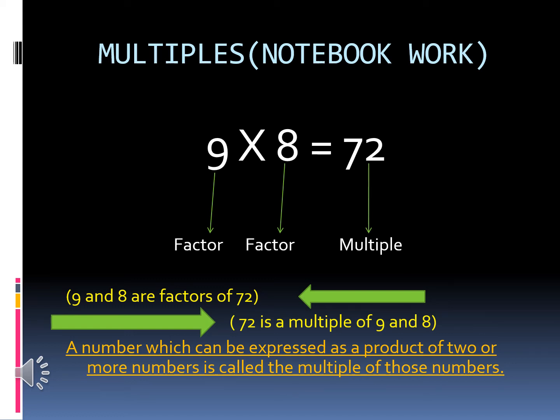So 9 and 8 are related to 72. How is 72 related to 9 and 8? 72 is the multiple of 9 and 8, right? So we get a relationship. If 9 and 8 are factors of 72, then 72 is a multiple of 9 and 8.